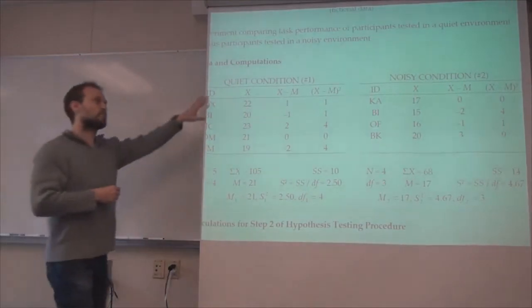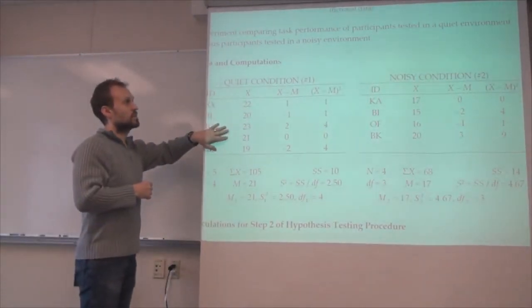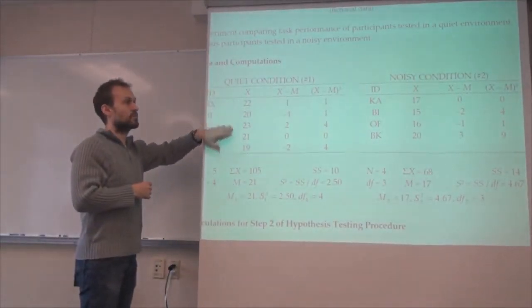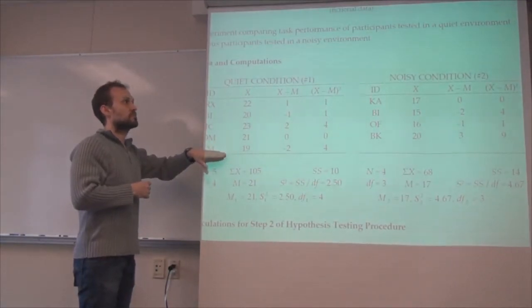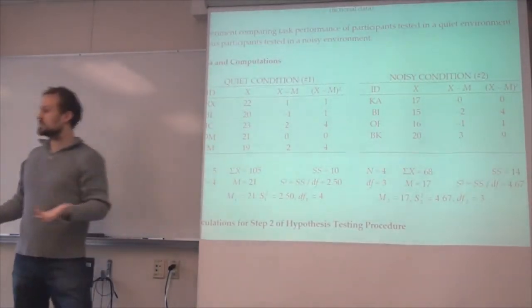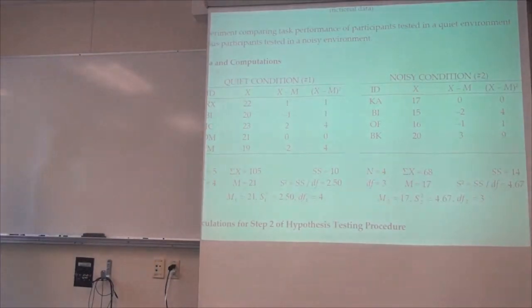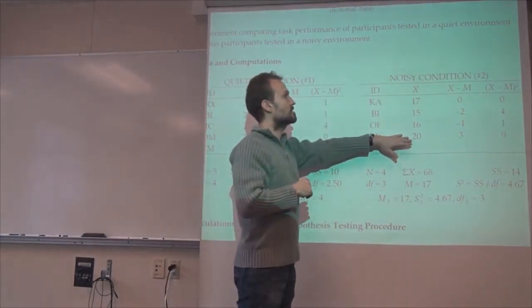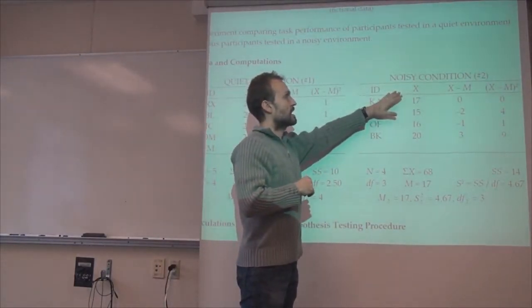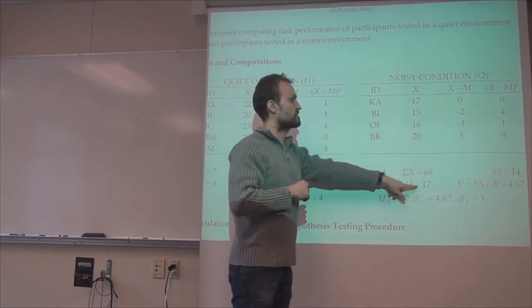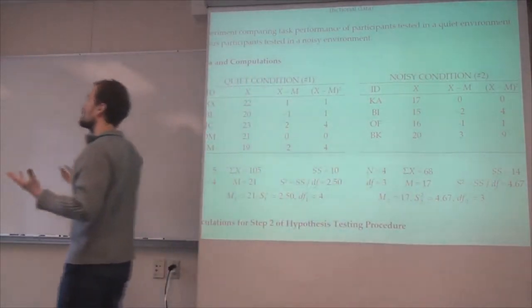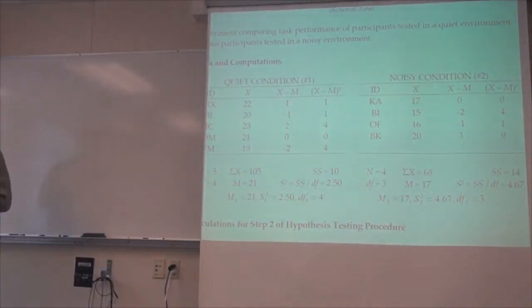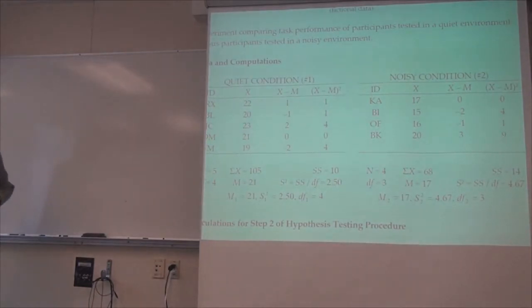This is a sample of more than one, so I'm going to need to compare this sample mean to the distribution of all possible means in the quiet condition. And I'm going to look at how this sample mean of 17 sits in the distribution of all sample means for 4 people working in noisy conditions.